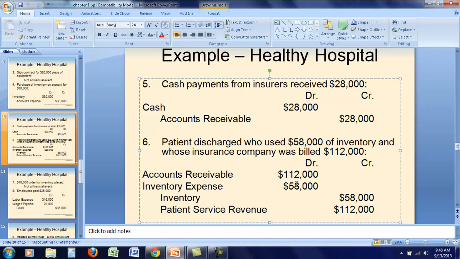The needles or the medicine or whatever was in your inventory of $58,000 is now gone. So you need to decrease your asset of inventory on your balance sheet to note that you have used that $58,000. Then the last part of this entry is to record your revenue. You're owed the $112,000. You served this patient. They've now left. So you credit your revenue. The patient service revenue is increased by $112,000.